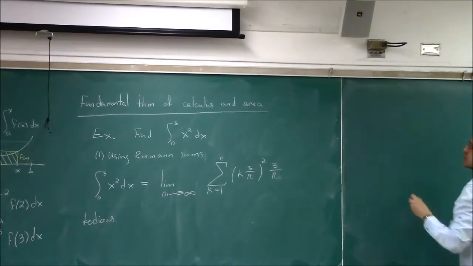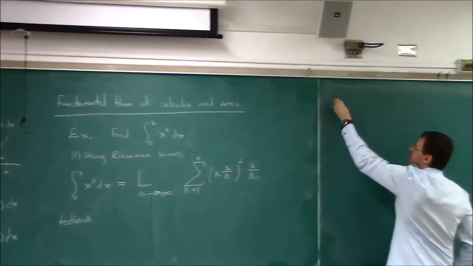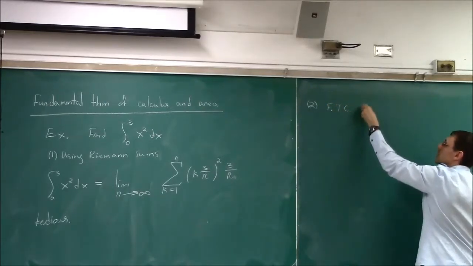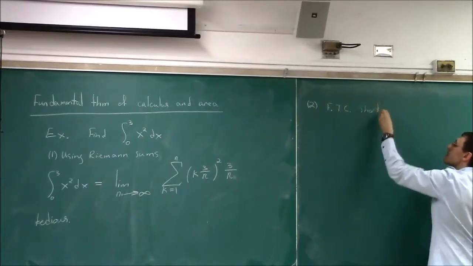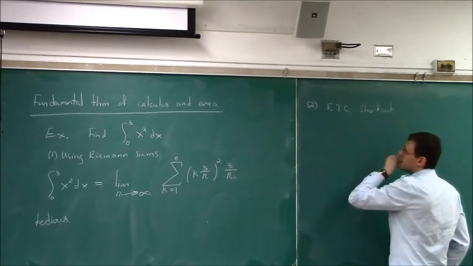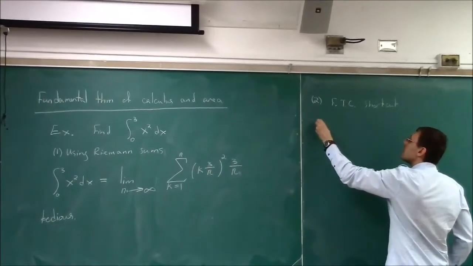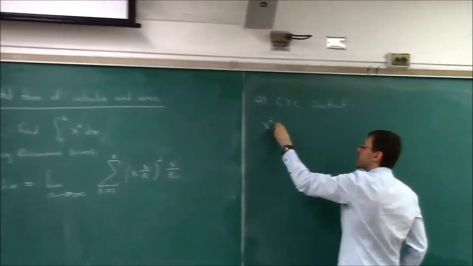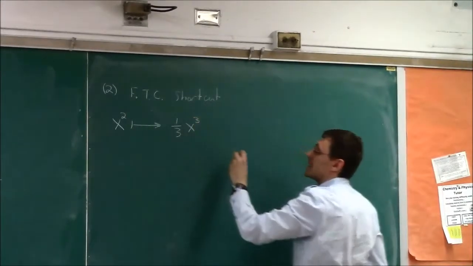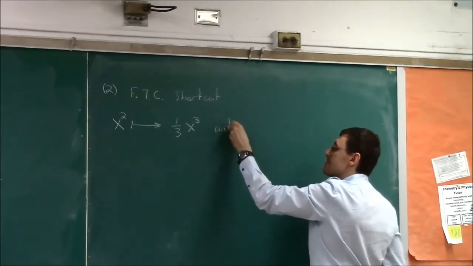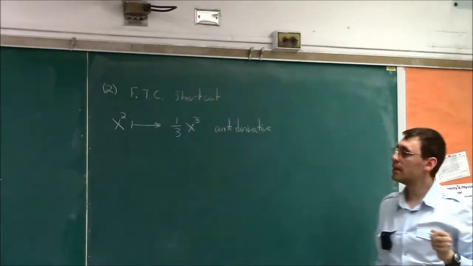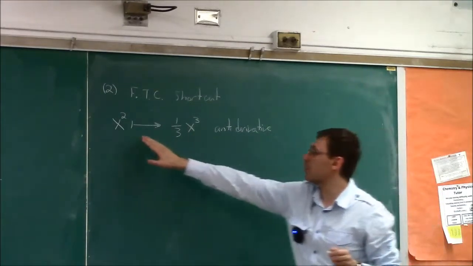So the fundamental theorem of calculus allows us to have a shortcut. The fundamental theorem of calculus shortcut is that x squared has 1/3 x cubed as antiderivative. Okay? And take any antiderivative; 1/3 x cubed is just one of them.